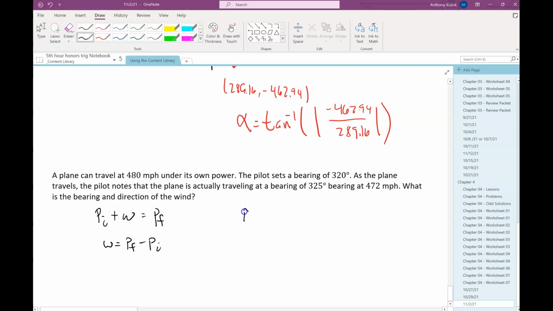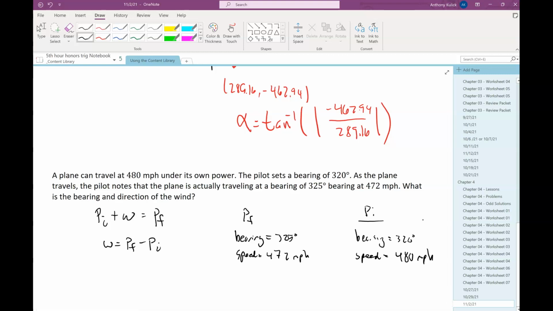So my P final is the bearing 325 with the speed 472. And the plane's initial was the bearing 320 and the speed 480. And that's kind of the setup.